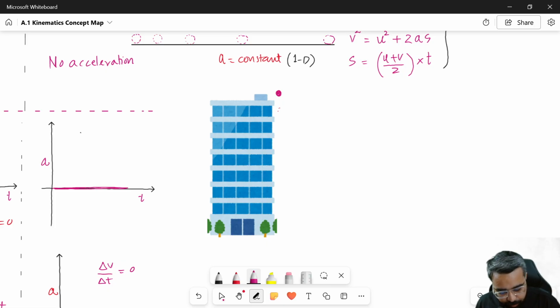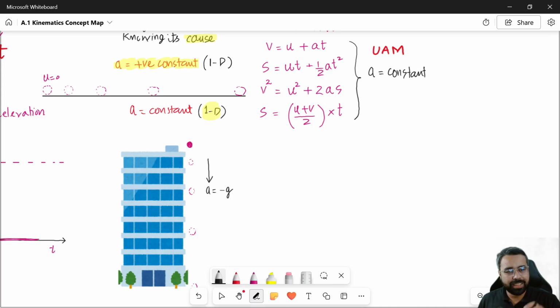This ball will also cover more distance in every next second. I will explain free fall motion in detail. This is also one-dimensional motion, but along the y-axis. The acceleration equals negative g, and the negative is due to the direction. So students, this was one-dimensional motion.